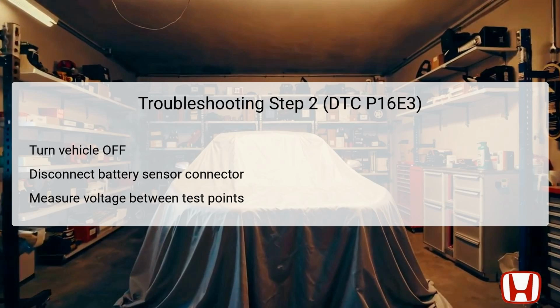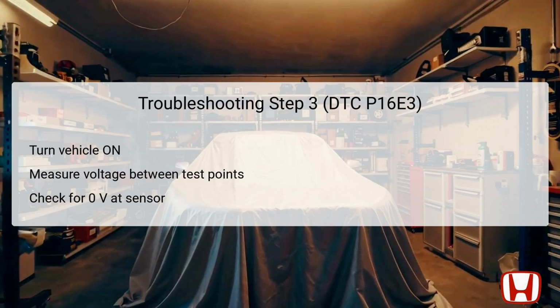Conduct this test while the vehicle is in the off lock mode. If the multimeter indicates battery voltage at this point, proceed to step 3. If there's no battery voltage, it indicates a potential issue elsewhere, requiring a different diagnostic approach as outlined in later steps.